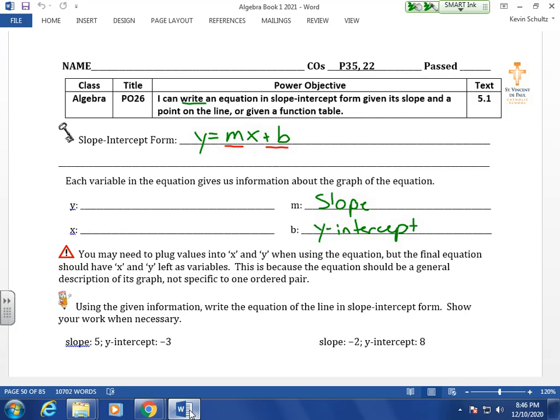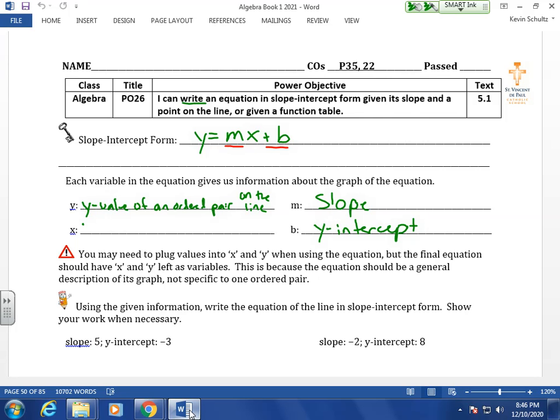And we haven't really talked much about x and y. I just mentioned that they represent any ordered pair that's on the line. In PO25, when we checked some points that we had, we plugged them back into the equation for x and y. Basically, the y variable in slope-intercept form represents the y value of any ordered pair on the line.